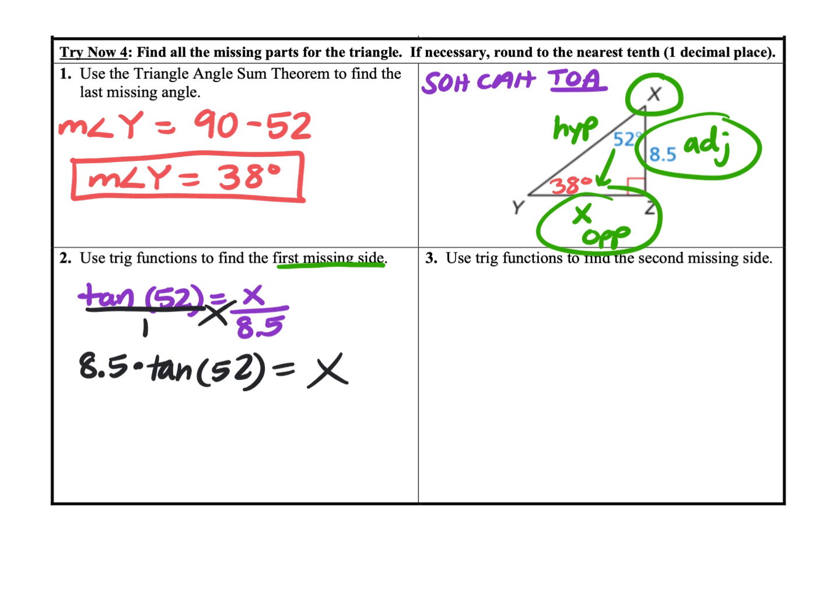And when you do so, you are going to get 10.87. When it comes to rounding, 7 makes us round up. So we'll have that first missing side, and I want to go back to letters. So side YZ is equal to 10.9.